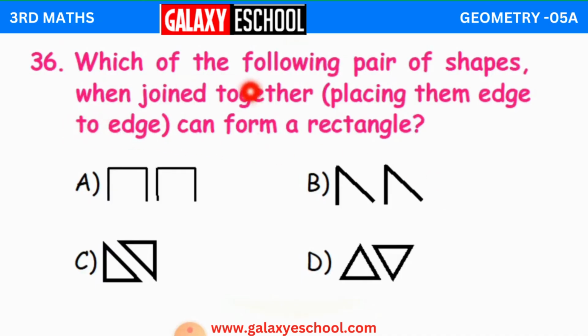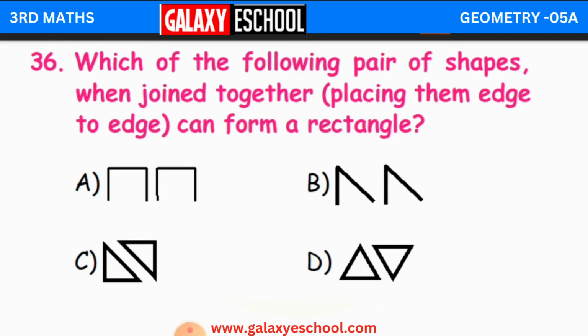Question 36. Which of the following pair of shapes when joined together, placing them edge to edge, can form a rectangle? We have to join the given pair of shapes together so that they form a rectangle.